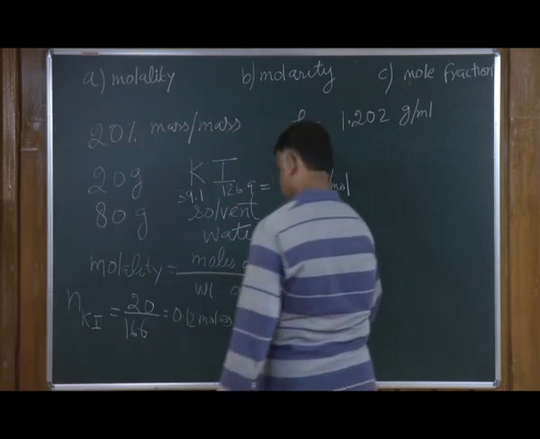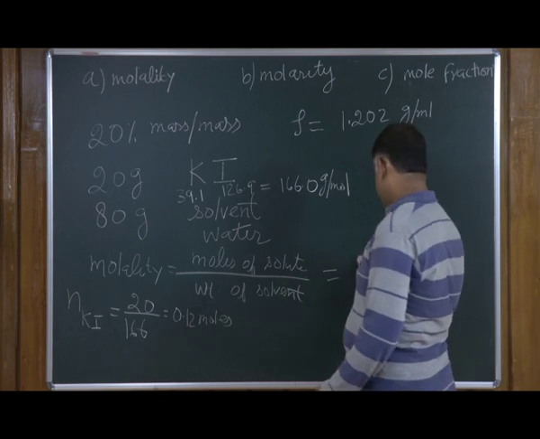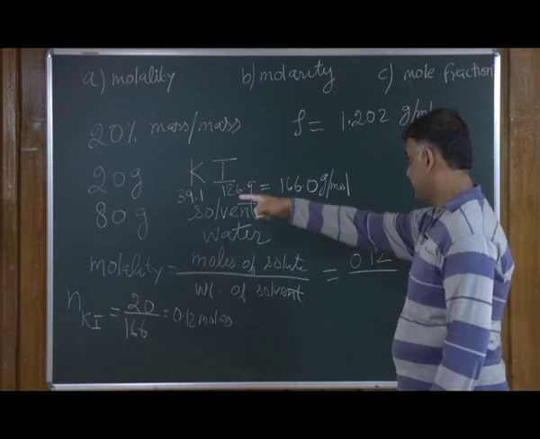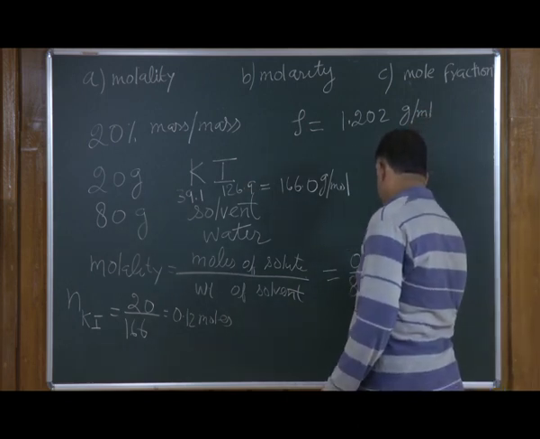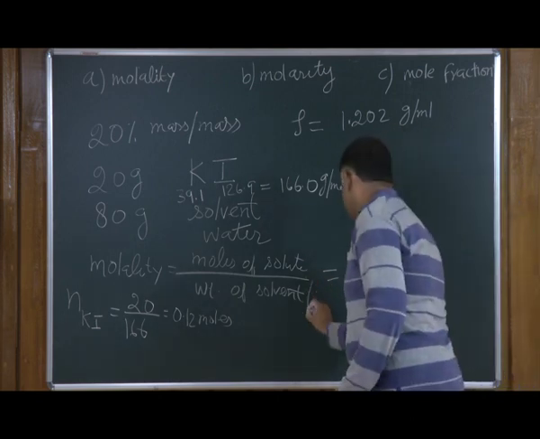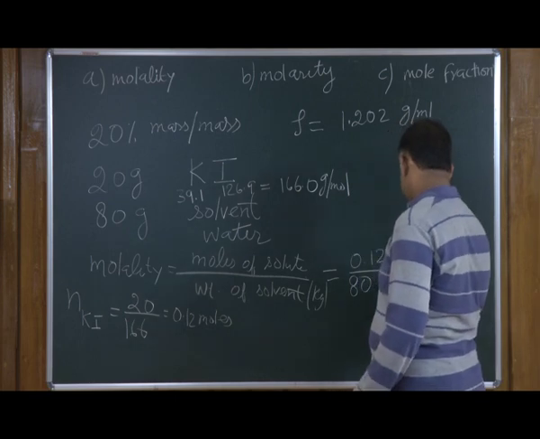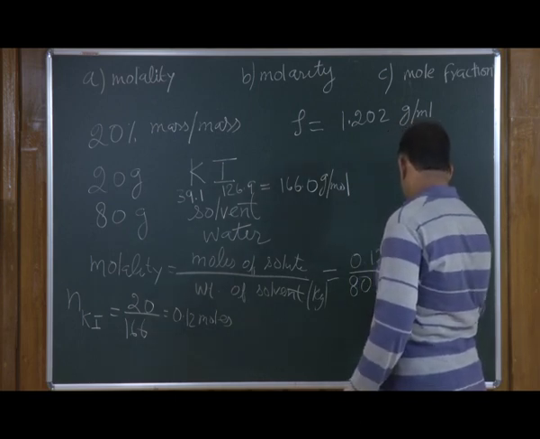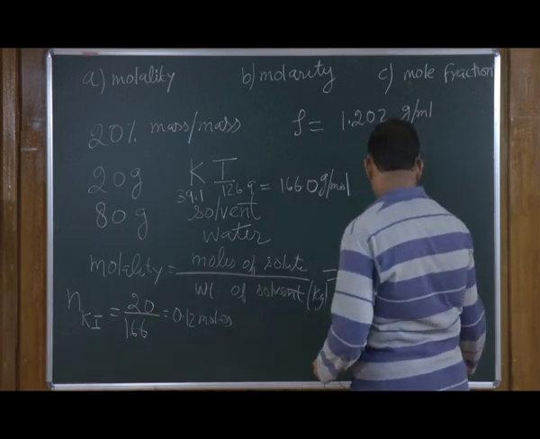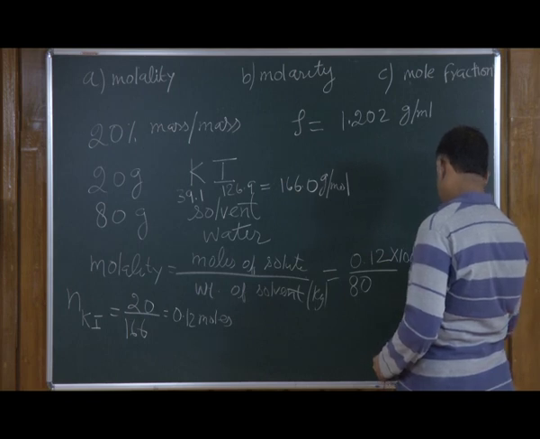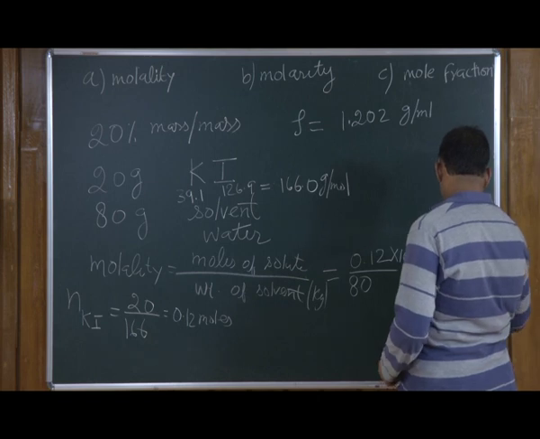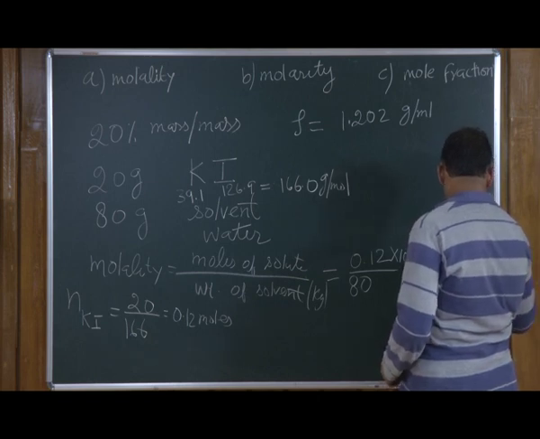That would be moles of solute, 0.12, divided by weight of solvent, that is 80 gram, and we need the weight of solvent in kg. So, we have to divide this whole thing by 1000. The answer comes out to be 120 by 80. So, this is a 1.5 molal solution.